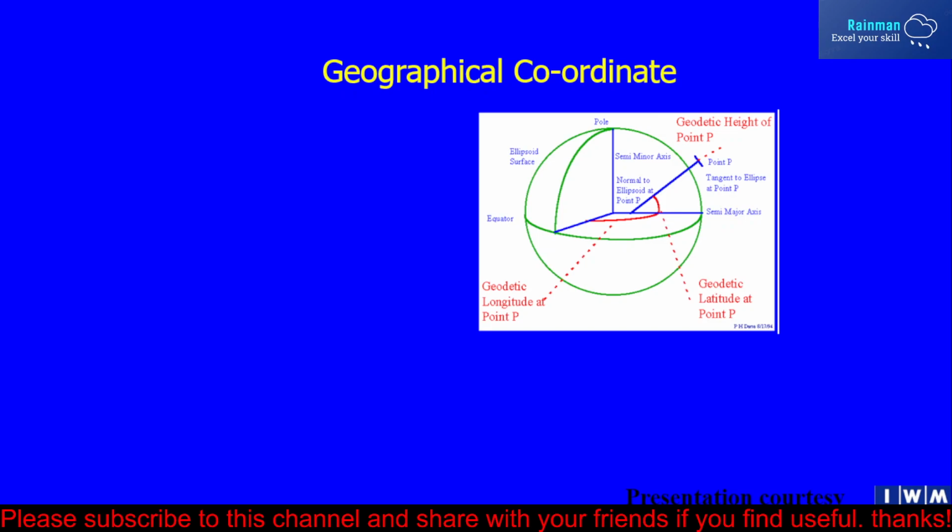All over the world, for any point, the range of longitude is minus 180 degrees to plus 180 degrees, and latitude is minus 90 degrees to 90 degrees. So this is the basic understanding of latitude and longitude of a spherical 3D object, our globe.